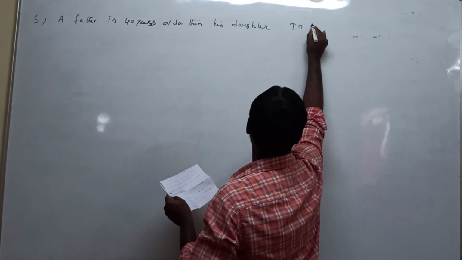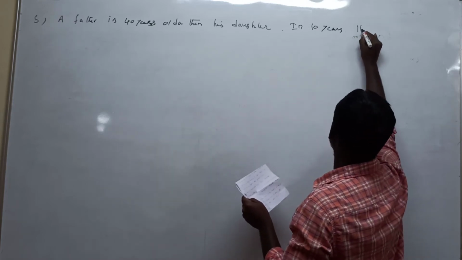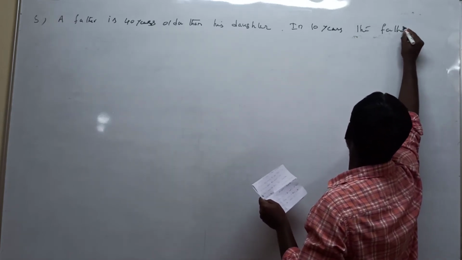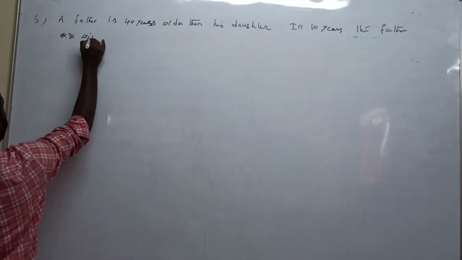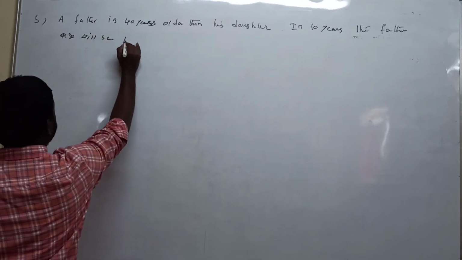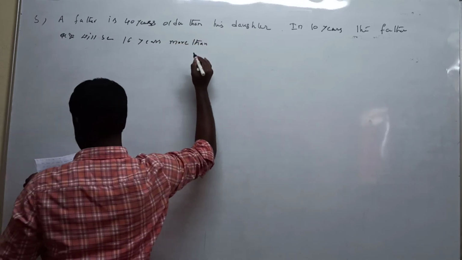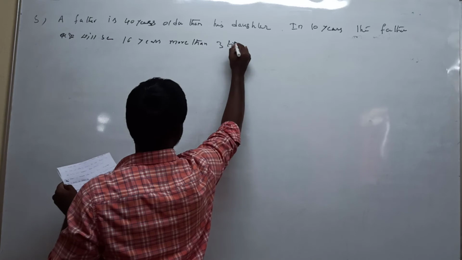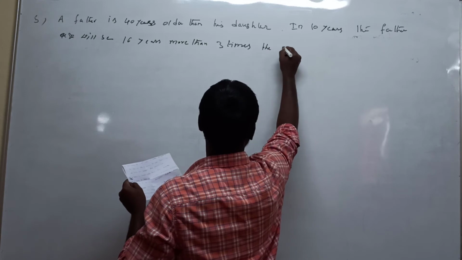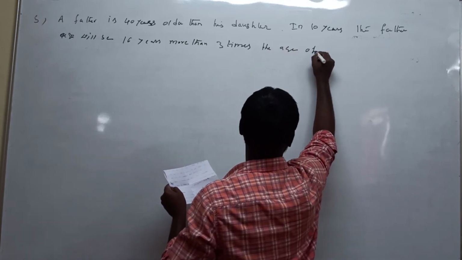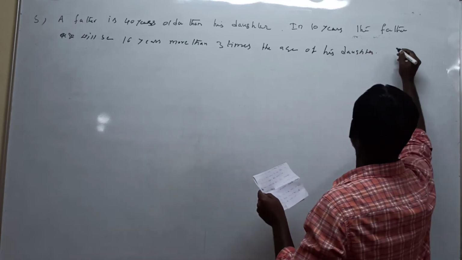In 10 years, the father will be 16 years more than 3 times the age of his daughter. Find the present age.